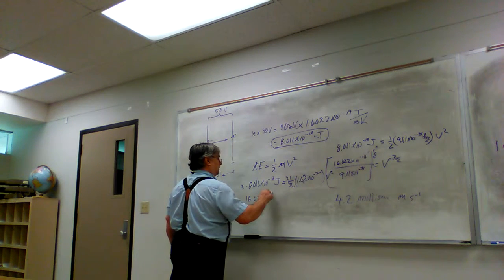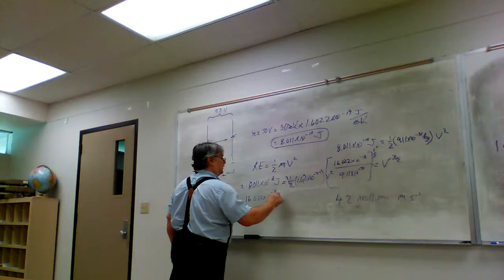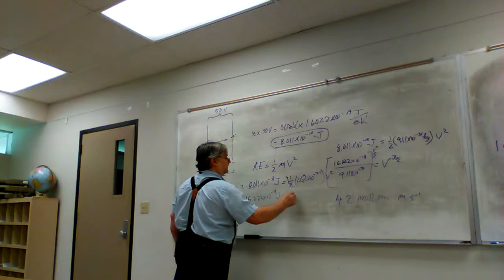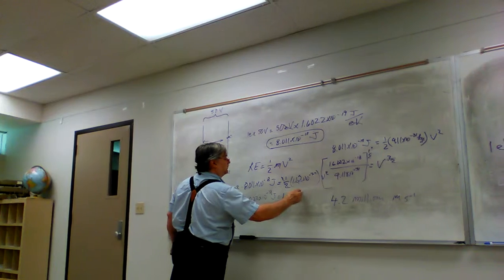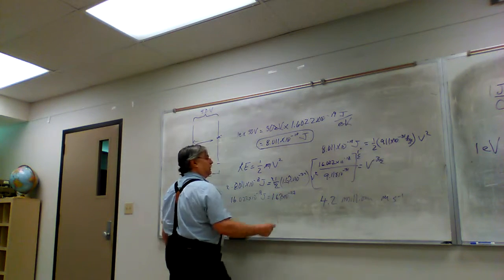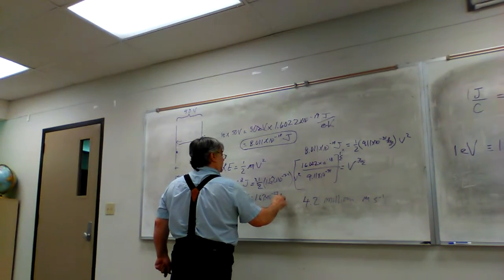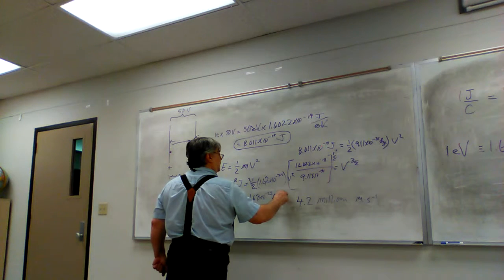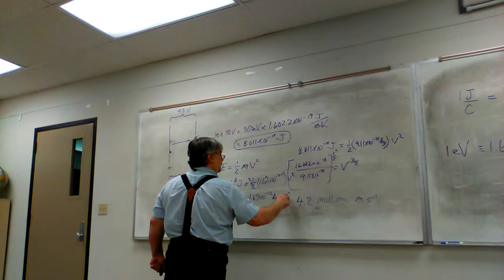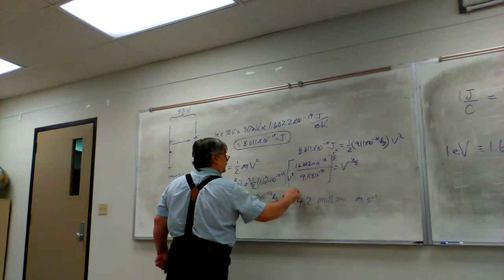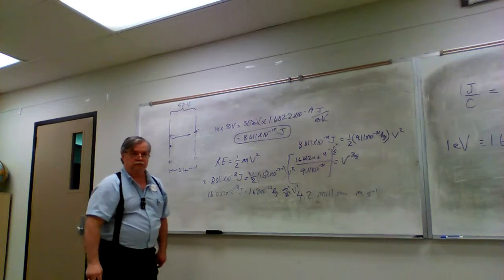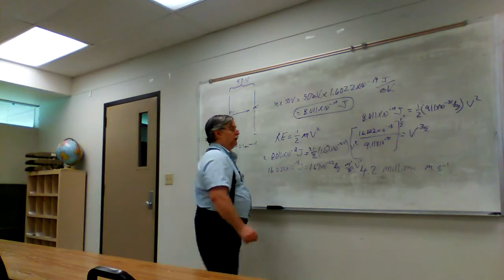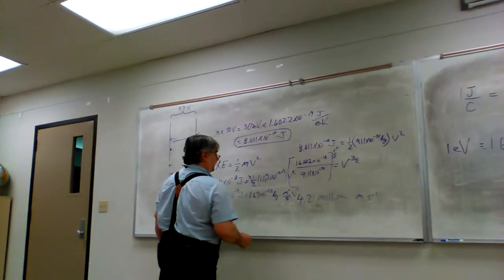16.022 times 10 to the minus 18 joules is equal to 1.67 times 10 to the minus 27 kilograms times velocity squared. Velocity squared is meters squared per second squared.